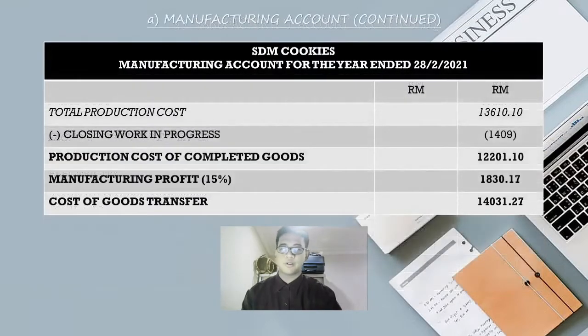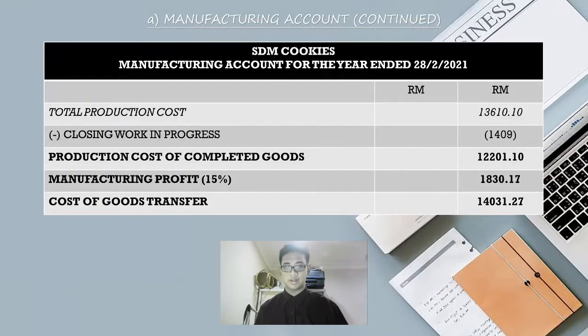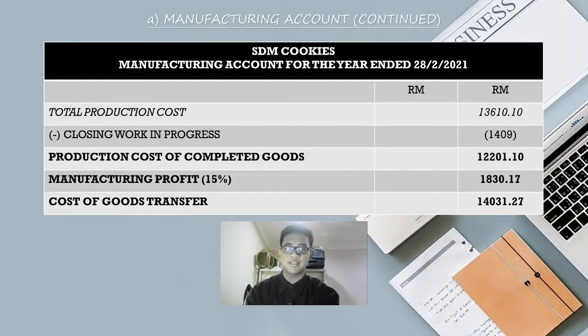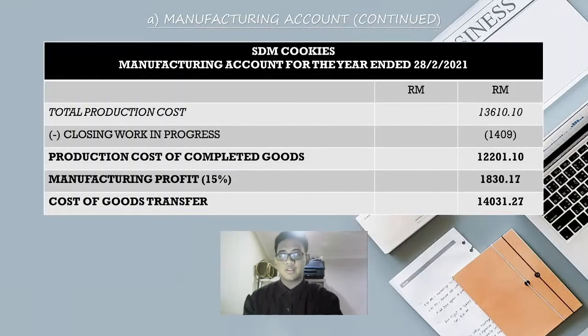Minusing the closing work in progress of about 1,409, we would have a production cost of completed goods of about 12,201 and 10 cents. We imposed a 15% manufacturing profit, which will amount to about 1,830 ringgit and 17 cents. Finally, the cost of goods transferred will amount to 14,031 ringgit and 27 cents.